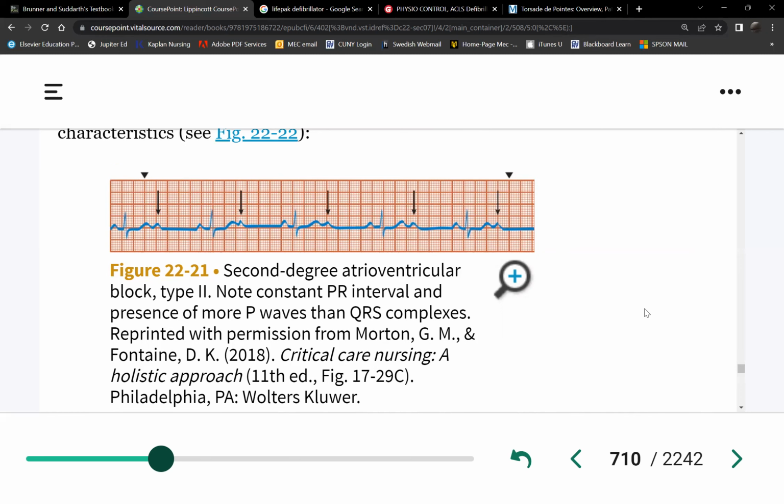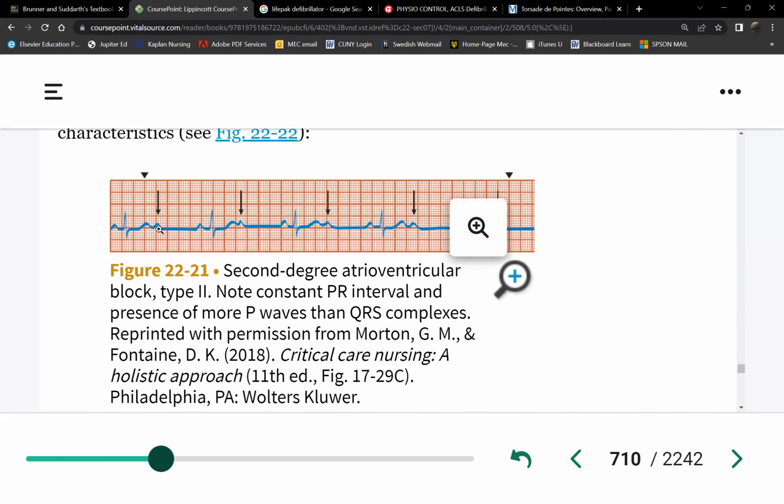Wouldn't that mean that the second degree will need like a pacemaker? Yes. Okay, we'll get to the pacemaker separately, but we'll mention it here under management. So what is second degree type 2? The PR interval remains the same. No gradual lengthening. However, they now lose a QRS.